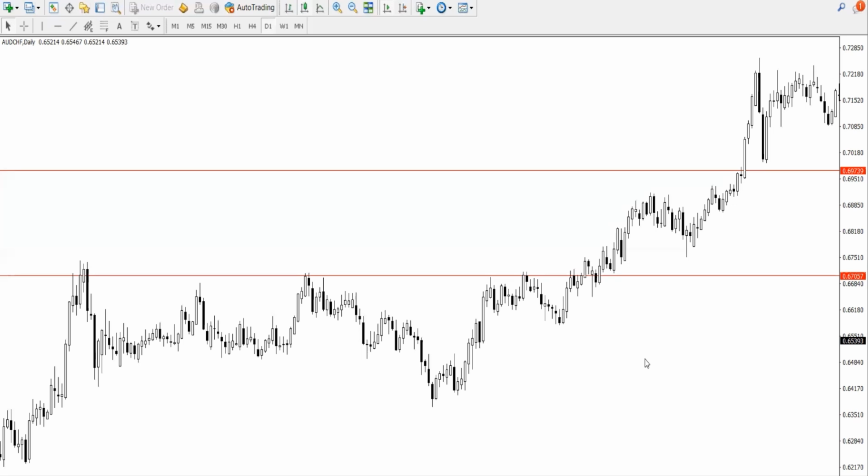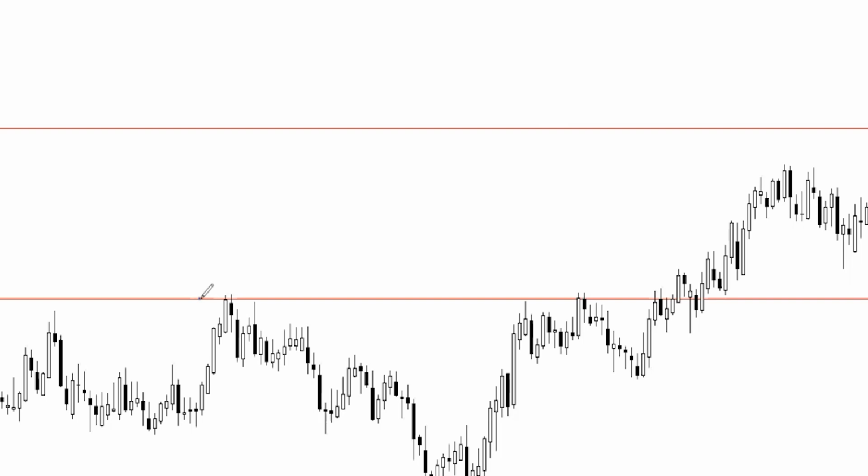As we can see here, traders, on this chart we have the Australian dollar, Swiss franc, and the very first thing that you would do on any chart, of course, is to identify your support and resistance areas. So for the sake of this example, I've identified this resistance area all through here, through these multiple touch points.